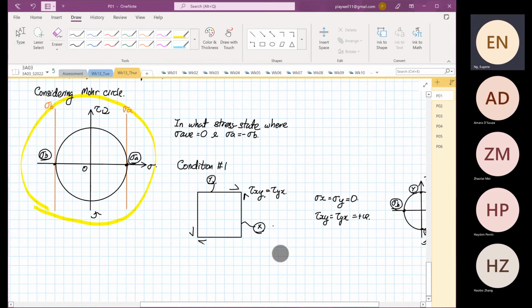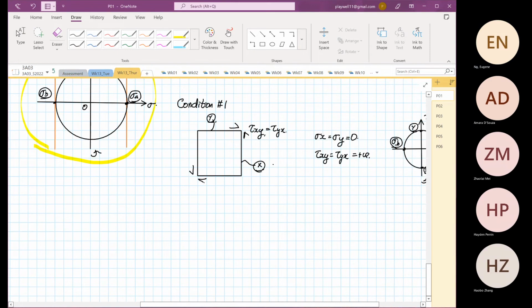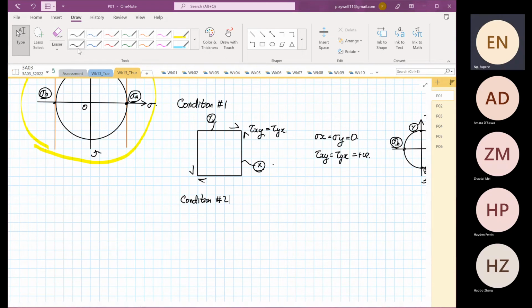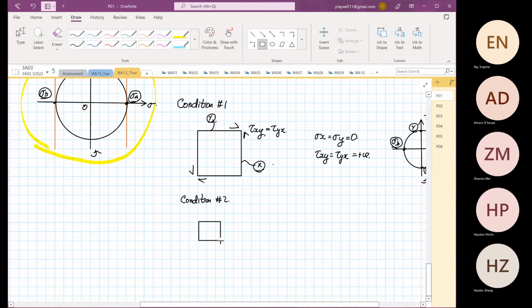Then condition number 2, which will give exactly the same result, is this combination.